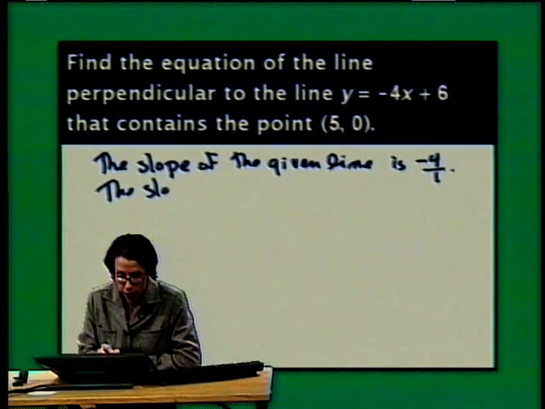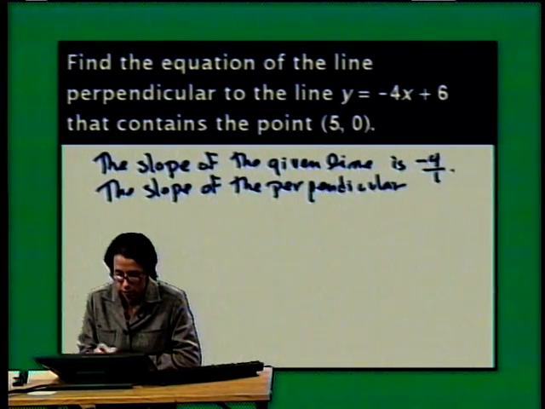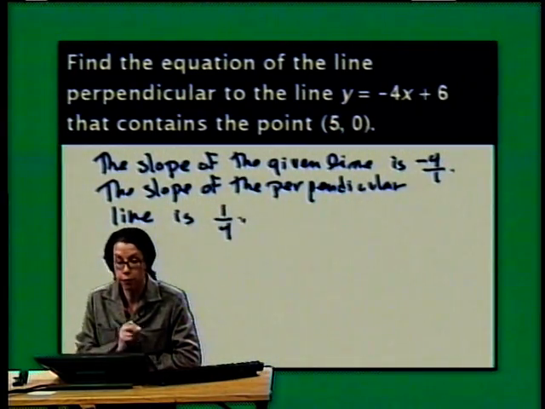So the slope of the perpendicular line will be the opposite reciprocal, and that's going to be positive 1/4.